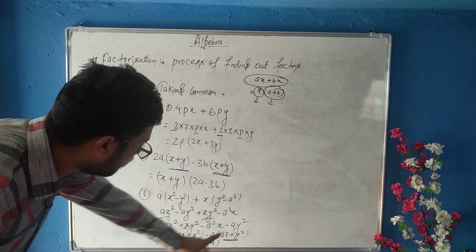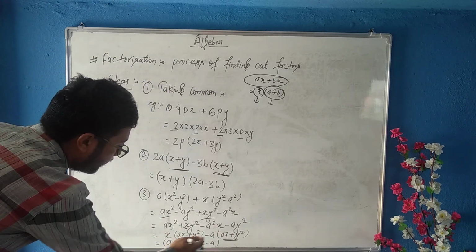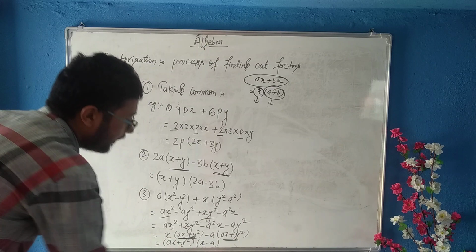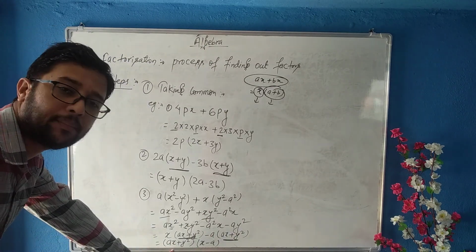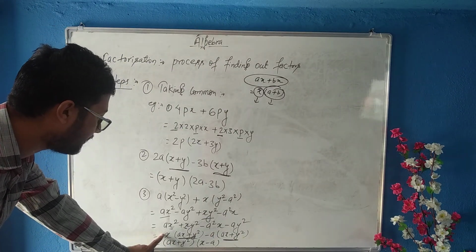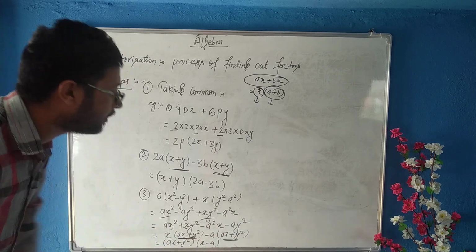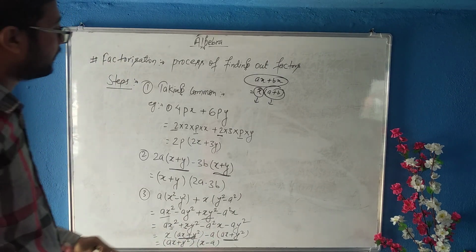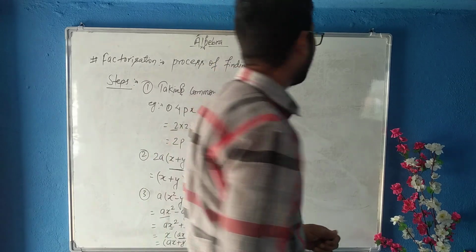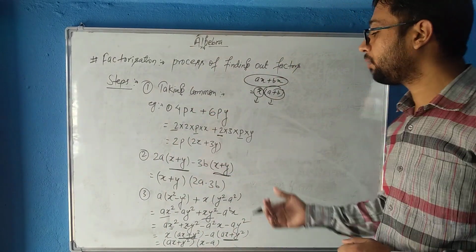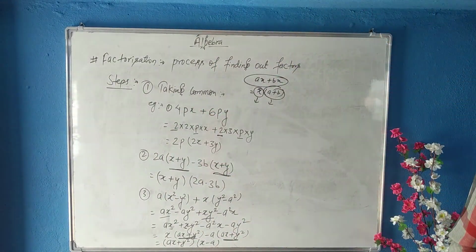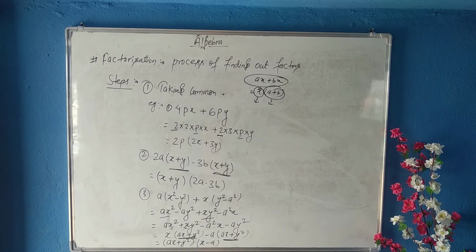This is common to both, so we should take common ax plus y square. Ax plus y square यहाँ पनि छ दुईटैबाट कमन तान्दिएको. What left here? X. Now here what? A. So this is also an example of factorization where we can solve by taking common. Common लिएर solve गर्ने खालको एक्सप्रेसनहरु यहाँ छ.